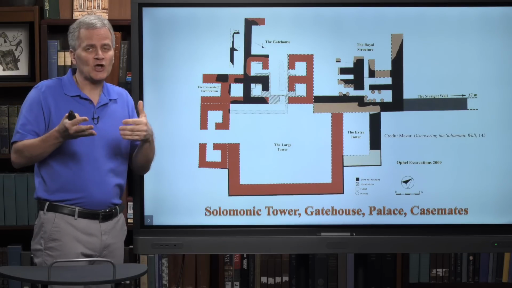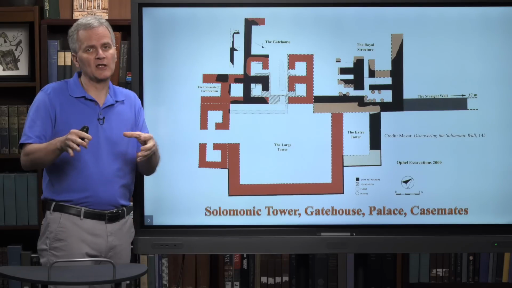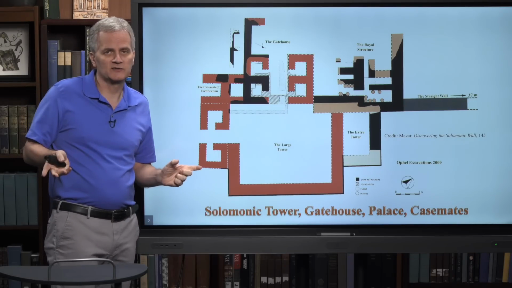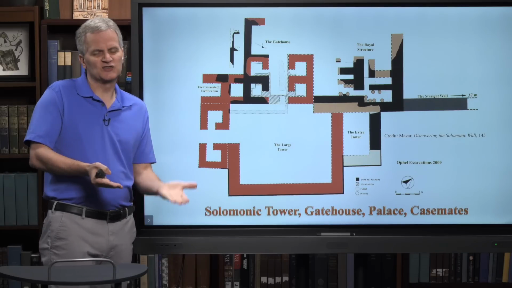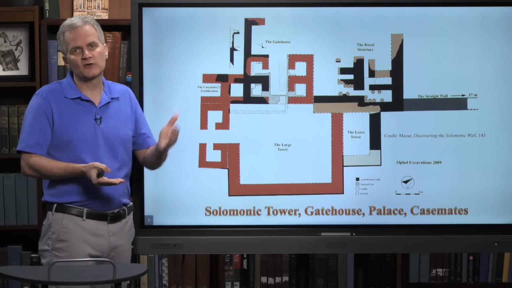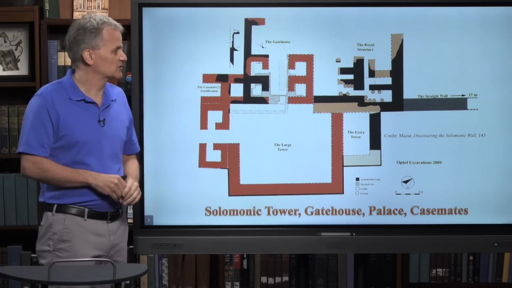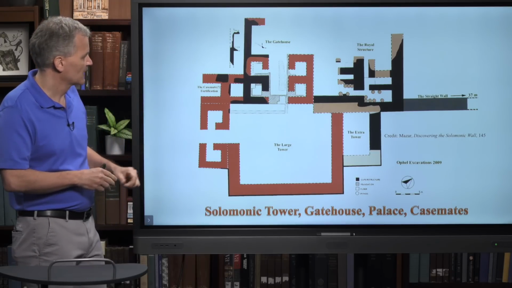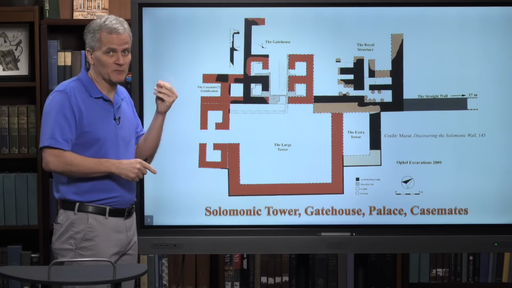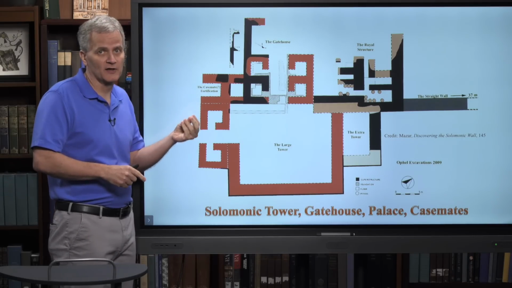And again, we're not talking about complete structures. We're talking about the foundational remnants of walls in most cases. Sometimes there's an extension of the wall that's been preserved that goes up several feet or meters, but usually it's just closer to the foundational level. So it's especially what you see in black here that's actual material that was discovered.